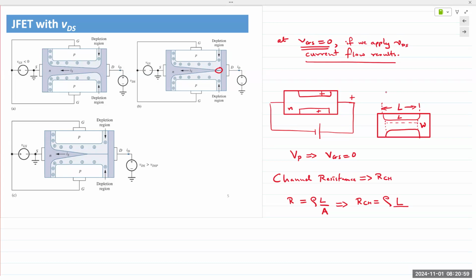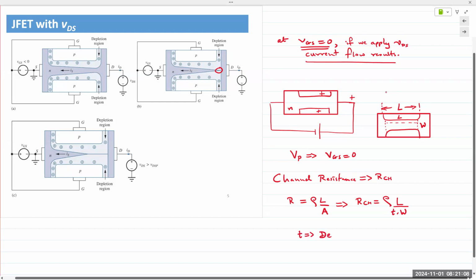So T times W, the width of the channel, and in this case, T is not the time period, T is the depth of the implant into the channel.